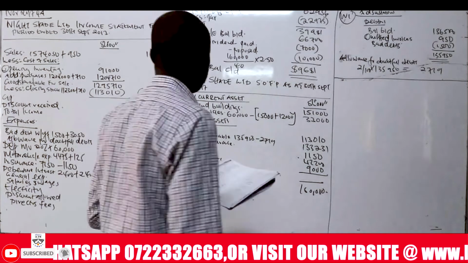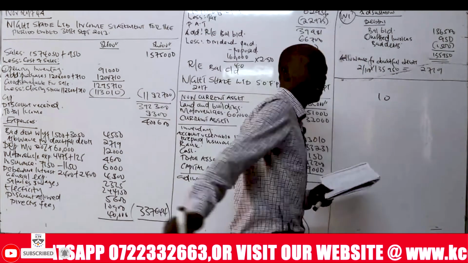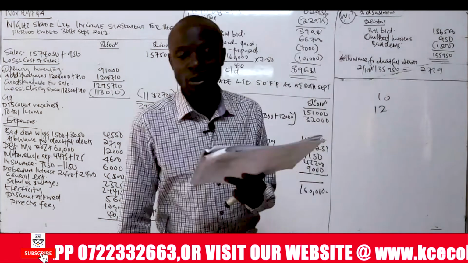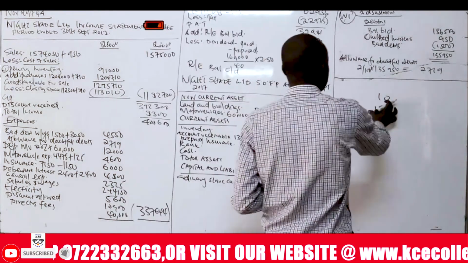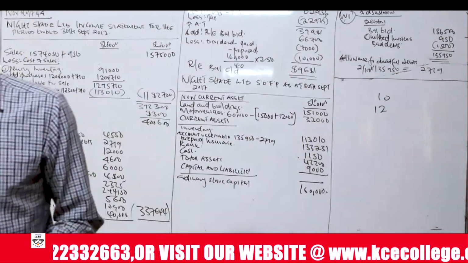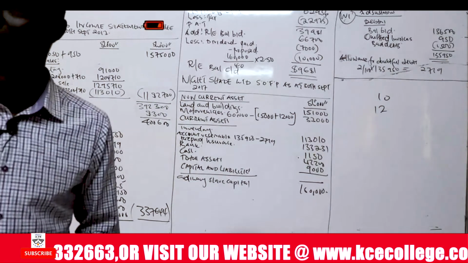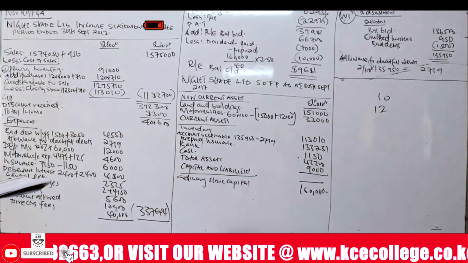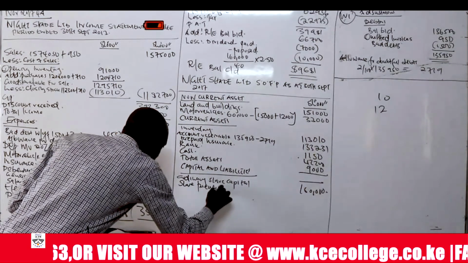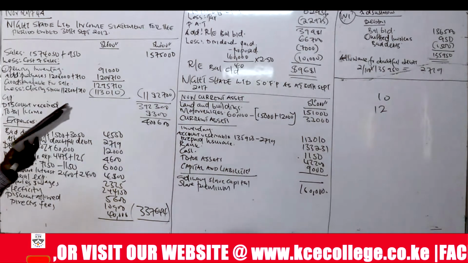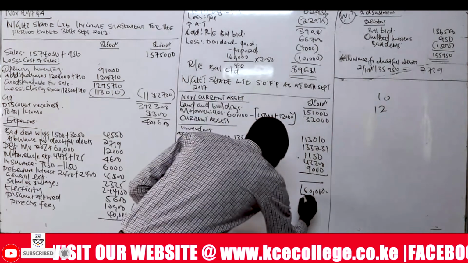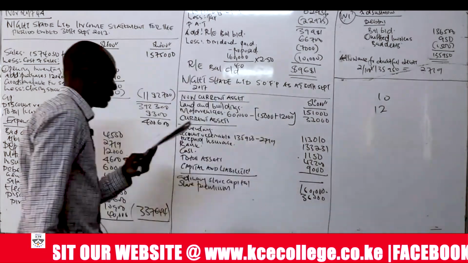For instance, if the company values their shares at 10 shillings, then upon selling, because of more demand for their shares, there is an extra addition of 2 shillings. That extra amount is called share premium. How much is the share premium? 36,000.